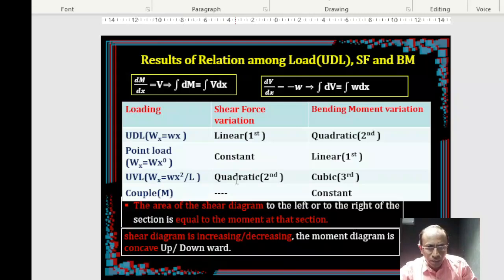In that case, the shear force shape will be quadratic and the bending moment will be cubic.